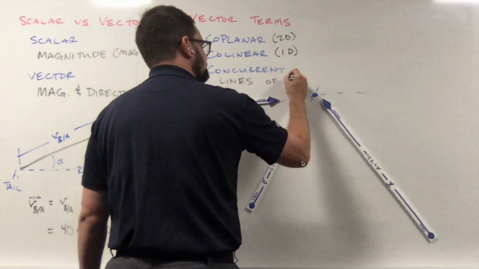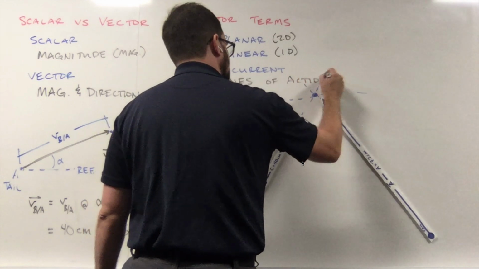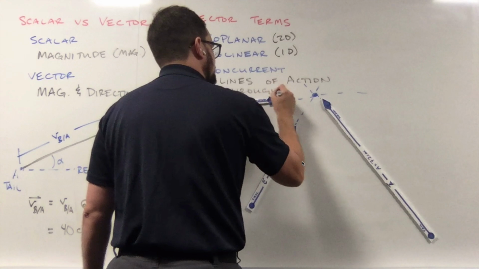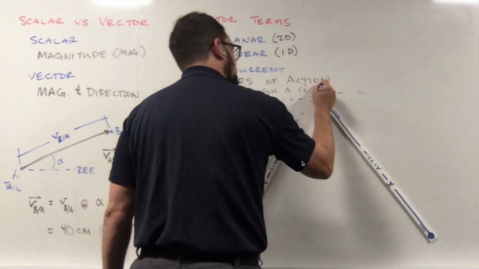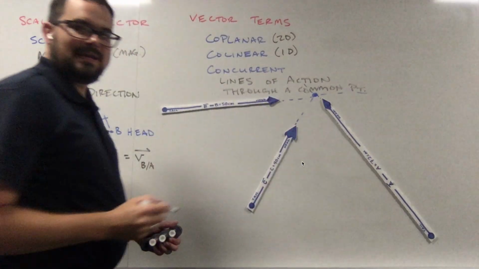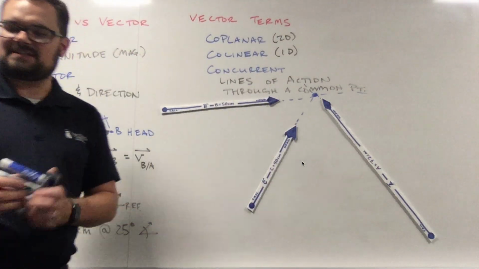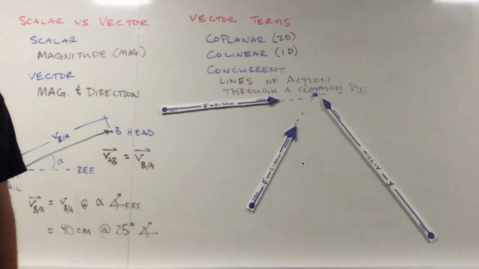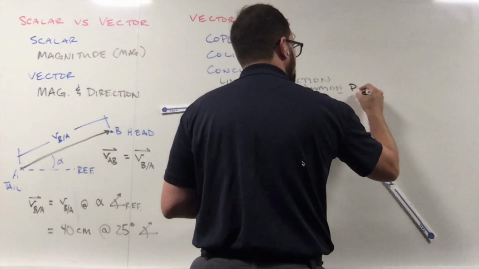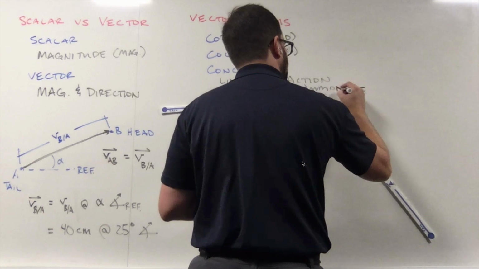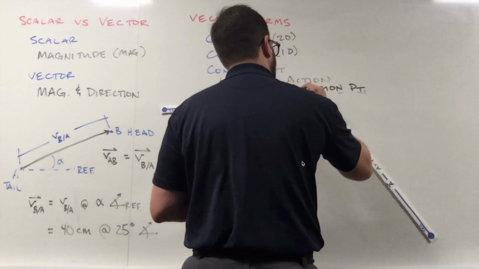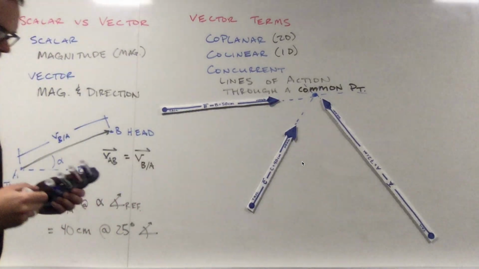Lines of action through a common point. Remember, I'm doing PT as my abbreviation for point. So that's a concurrent vector system.